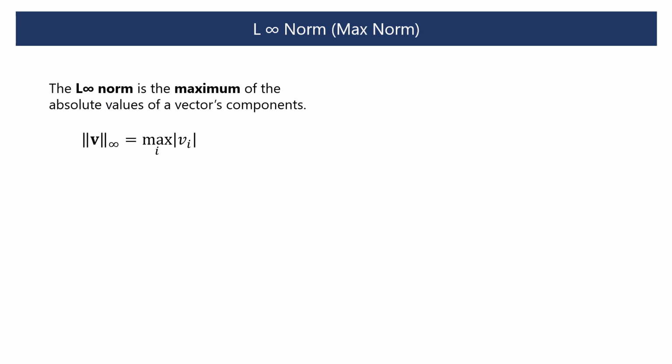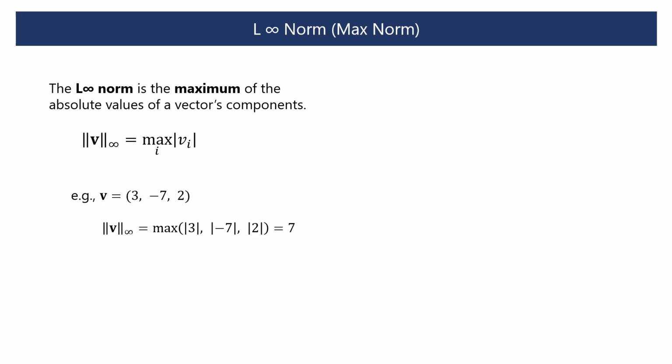Next, let's look at the L infinity norm, also known as the max norm. The L infinity norm is defined as the maximum of the absolute values of a vector's components. Mathematically, it is expressed in this way.